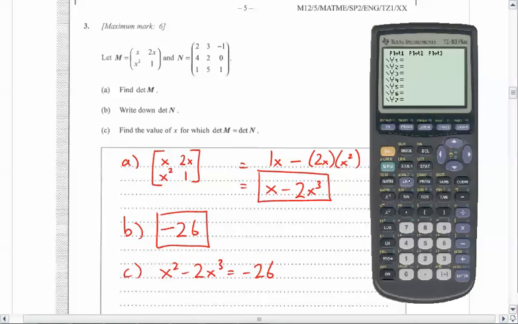So when are those two graphs the same? Well, where do they intersect? So I want to calculate the intersection, enter, enter, enter. And there it is, when x is 2.53.